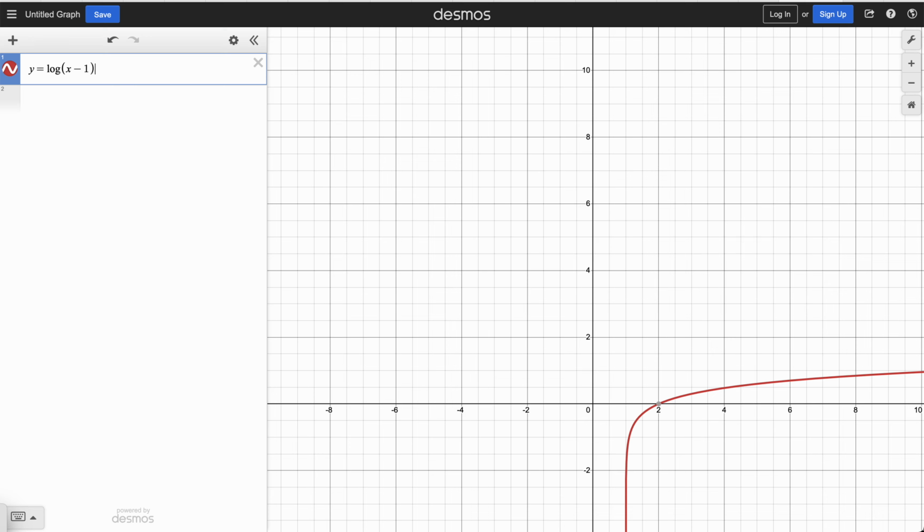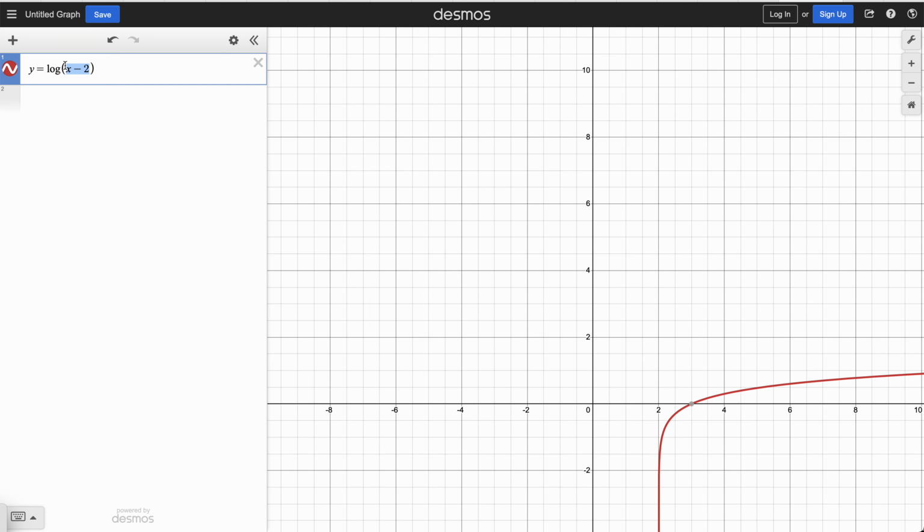Well, let's see what happens. Now we have something interesting. So it had crossed at 1, now it crosses at 2. And then we say, well, let's see what happens if we do it one more. Now it crosses at 3. So logarithms have that same idea of movement, but only within the parentheses of the logarithm.